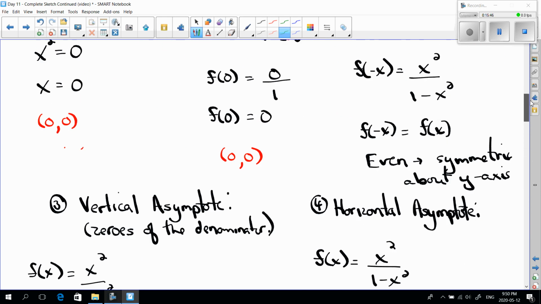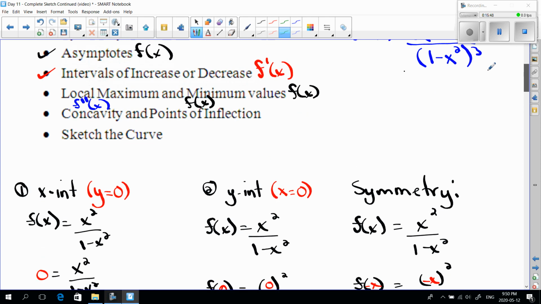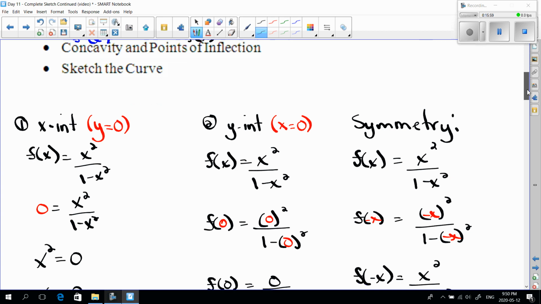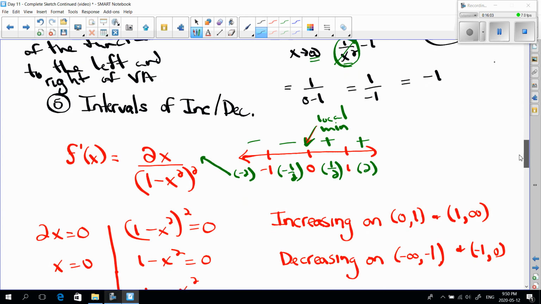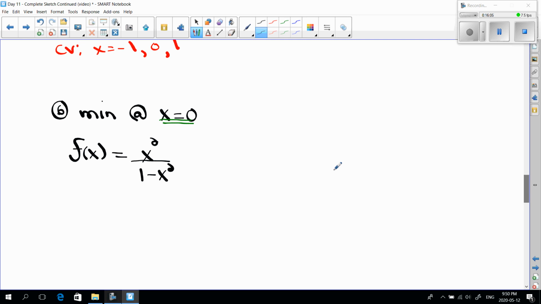If I go back up here, okay, this is where we're at now. I'm going to find the local minimum. There is no max. The minimum value, I've got to use f of x. Remember, I can determine from this number line that the minimum occurs when x is 0. So I'm going to fill a 0 in for x into the original to get the y value.